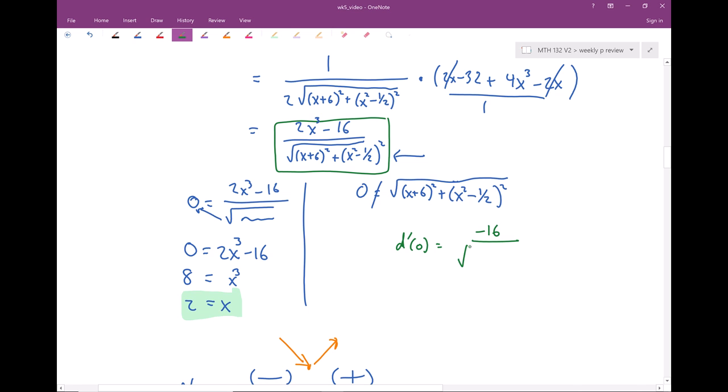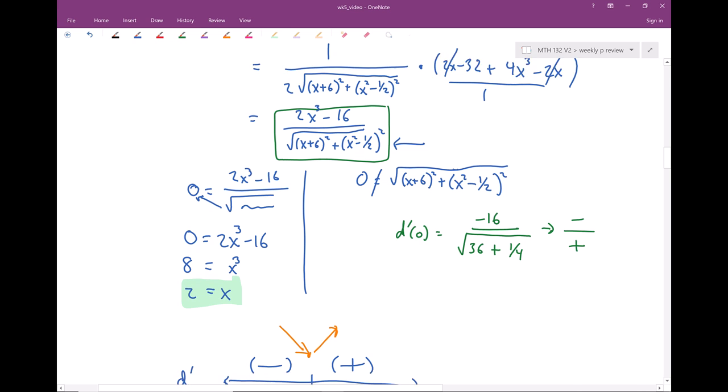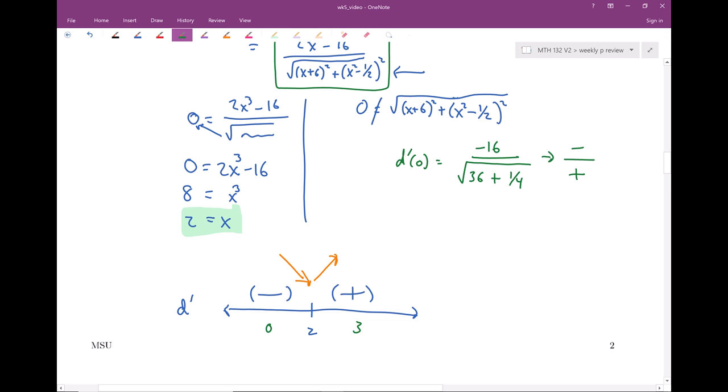And then in the denominator, we get the square root of, well, 0 plus 6 squared, that's going to be 36, plus 0 minus a half squared, a half squared is a fourth. So I have a negative divided by a positive. When you have a negative divided by a positive, yes, you get out negative. So this one is true.